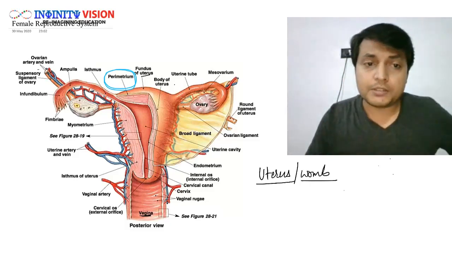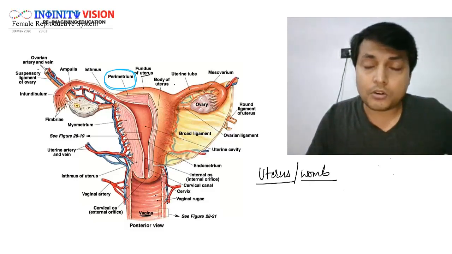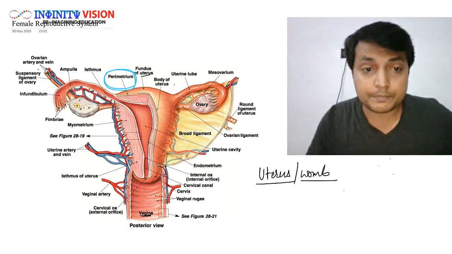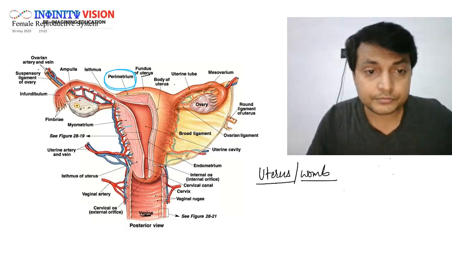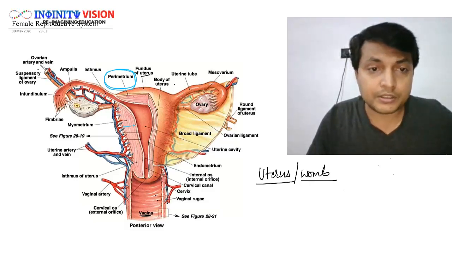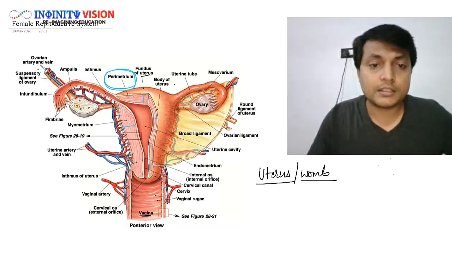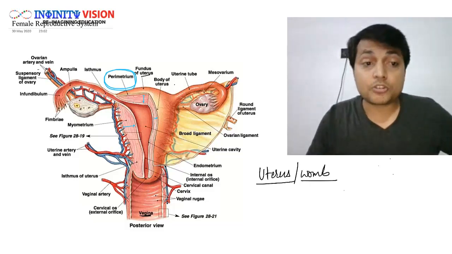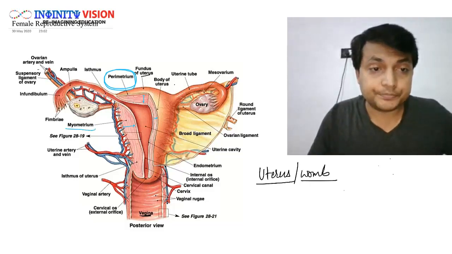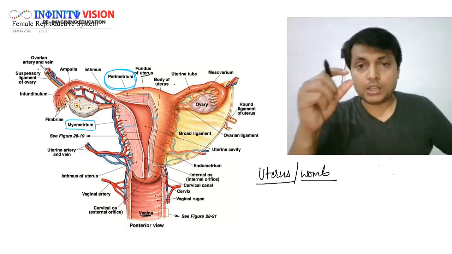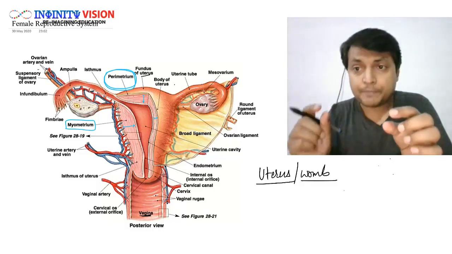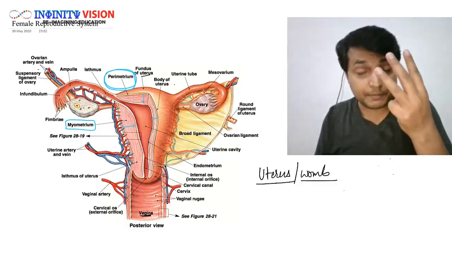After the perimetrium, you will find a thick layer of smooth muscle. Can you see here this part, or even this part? This thick layer of smooth muscle is called the myometrium. So the wall of the uterus is divided into 3 parts.